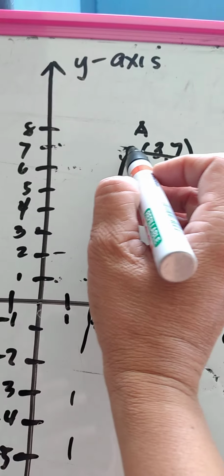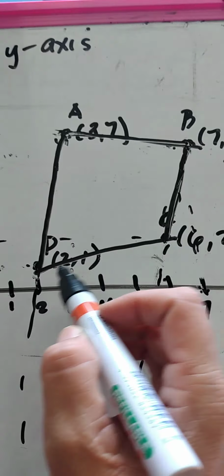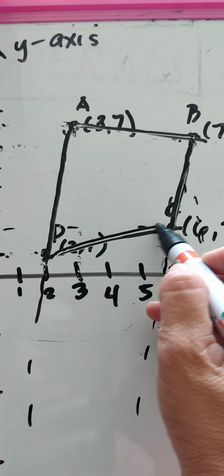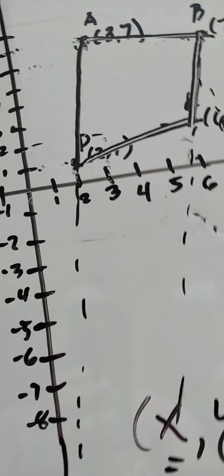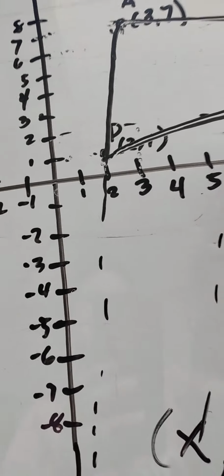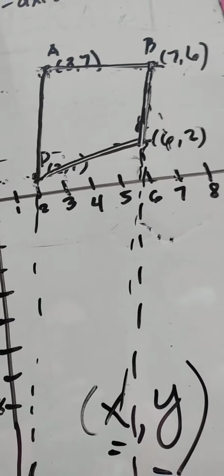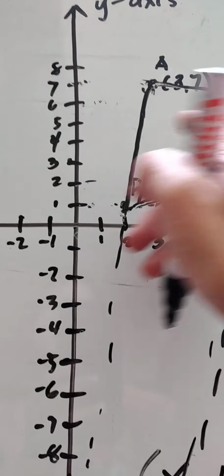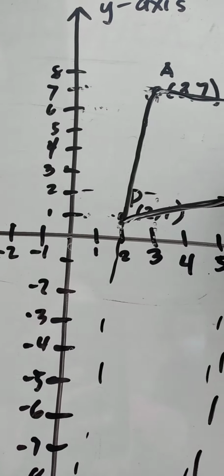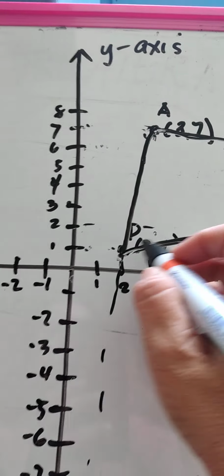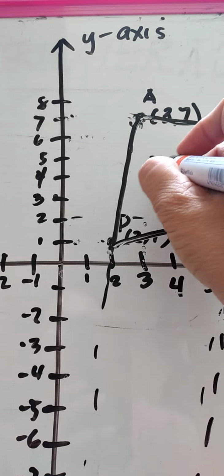This one, are they going to intersect? So, they're not going to intersect. So, looks like this is parallel to this. But this one is not parallel to this. So, what figure is formed from here? It's trapezoid. Right? It's trapezoid.